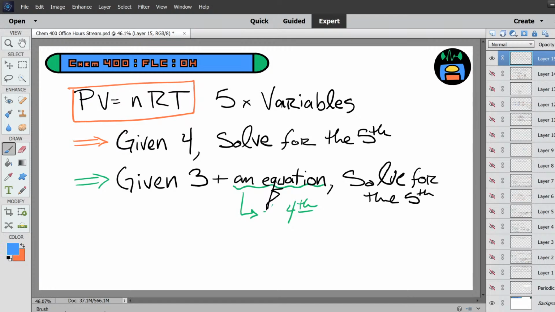But a third is an example like the following.